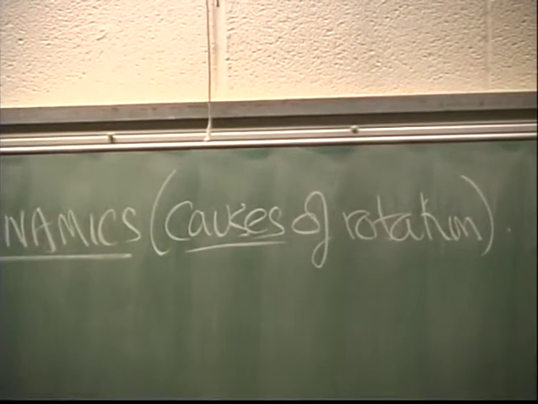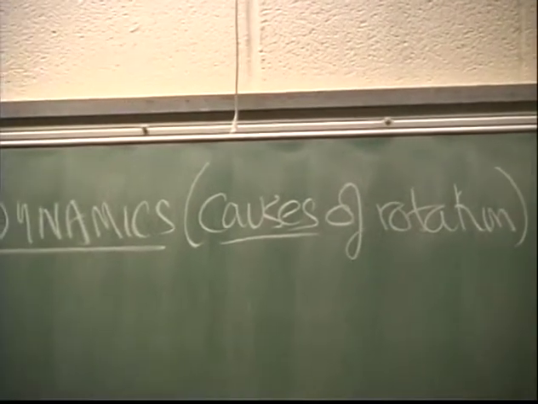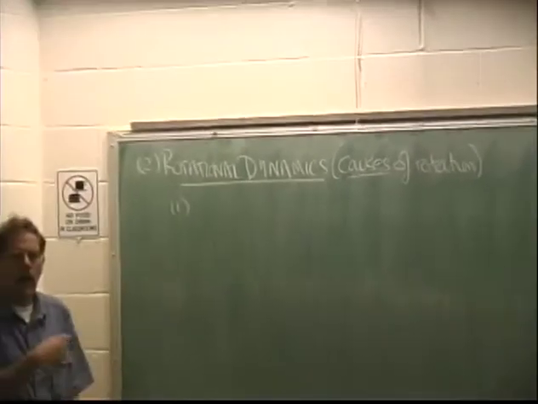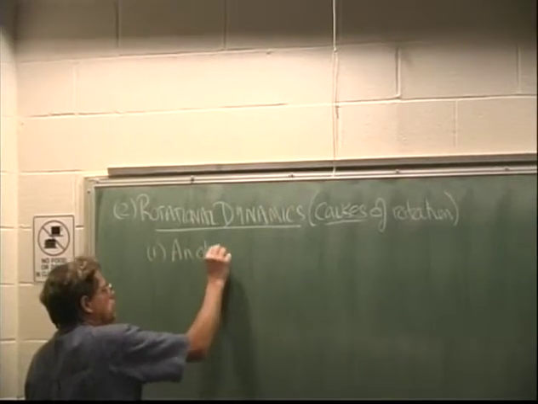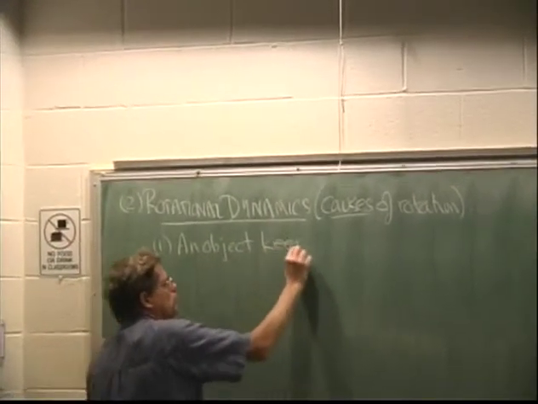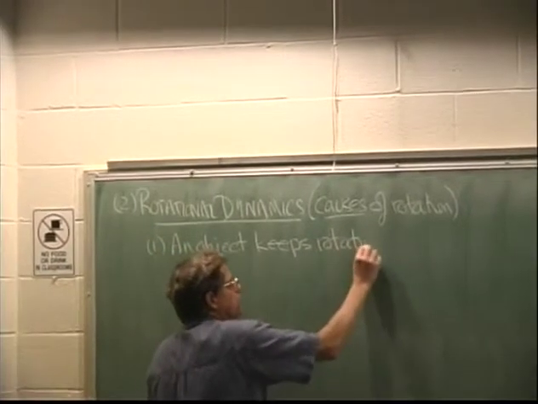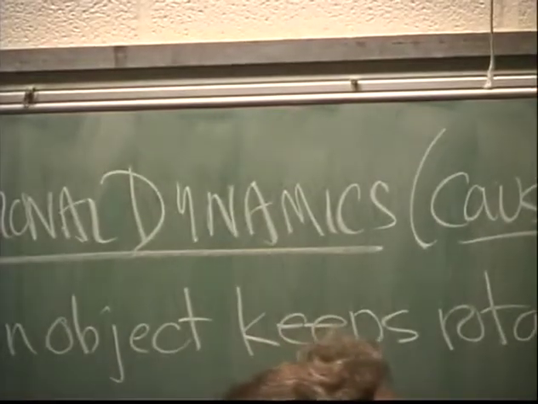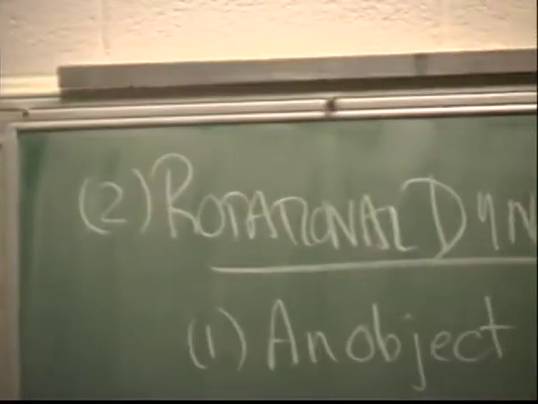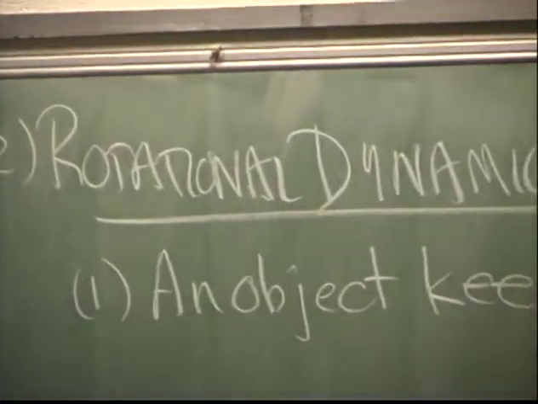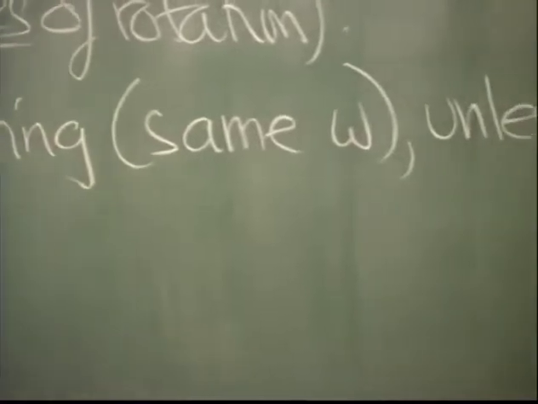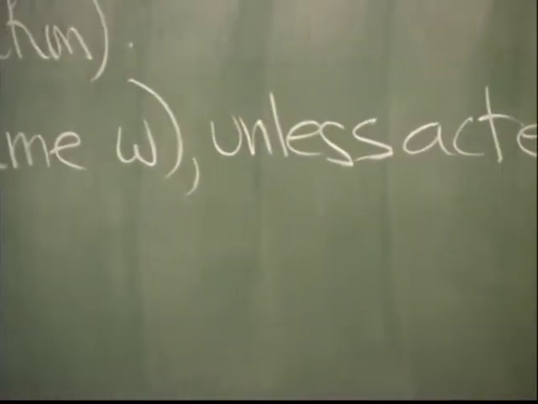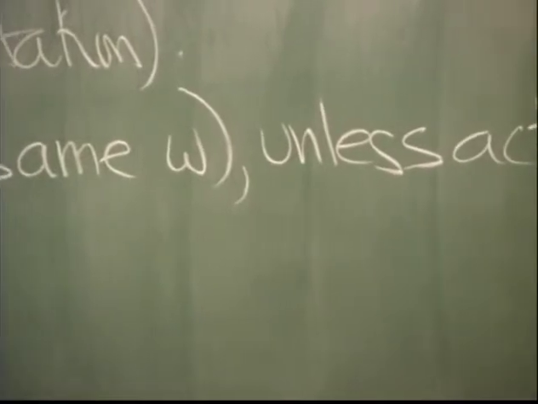Rather analogous structure here. 1: if something's already rotating and no force is acting on it, then it's going to keep on rotating with the same angular velocity, unless acted on by some force. Of course, in practice, there's always some friction in there.